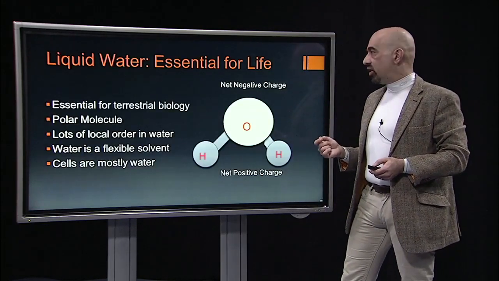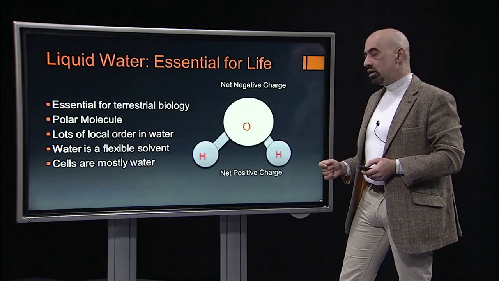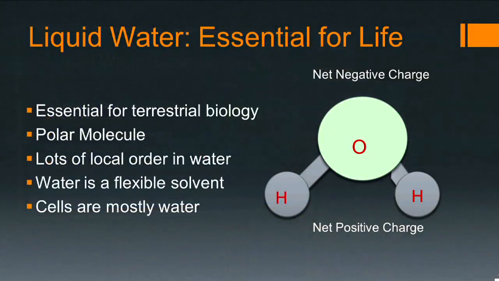Another key part of life is liquid water. On Earth, it is essential for biology. All biological systems are water-based on Earth, and water also has some really neat chemical properties.